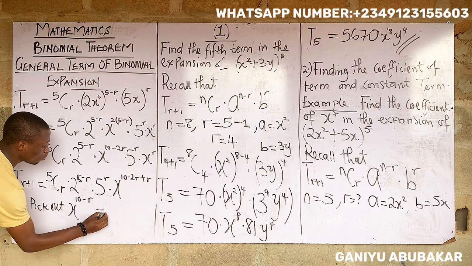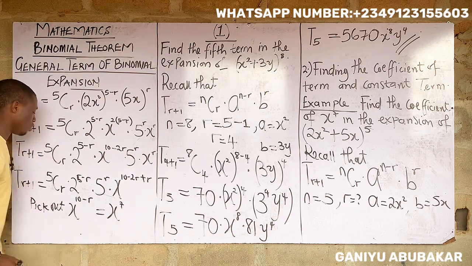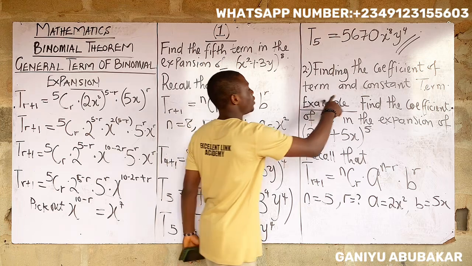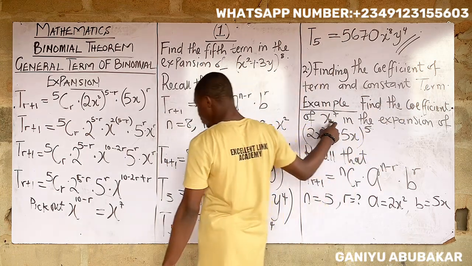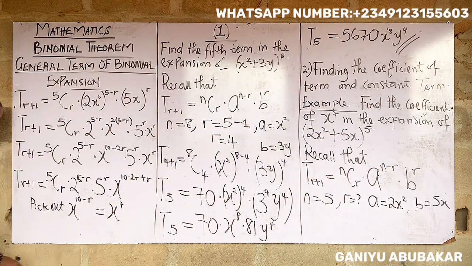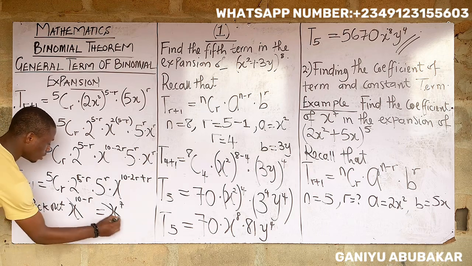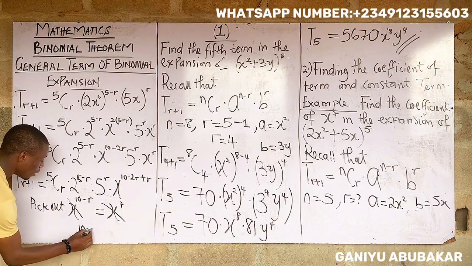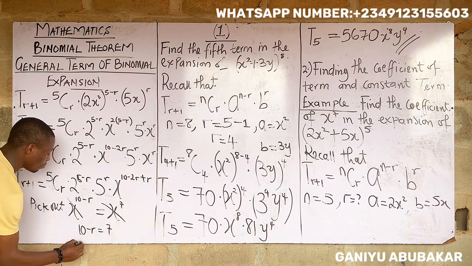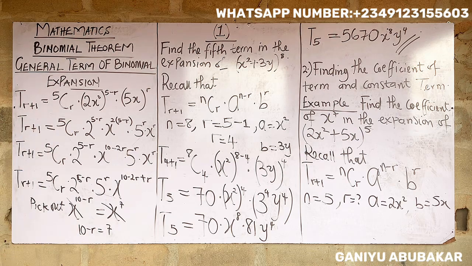So it's equal to x to the power 7 as given from this place here. So from here now, what do I get? This one we cancel this, that becomes 10 minus r equal to 7. Let's get r here.